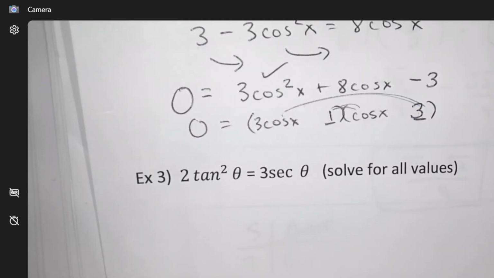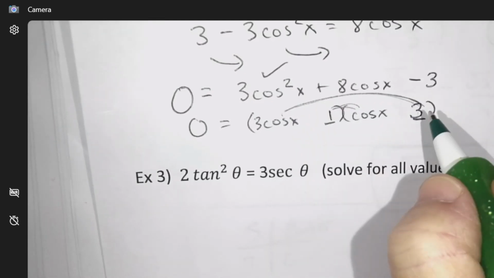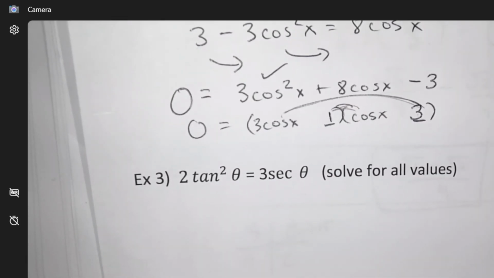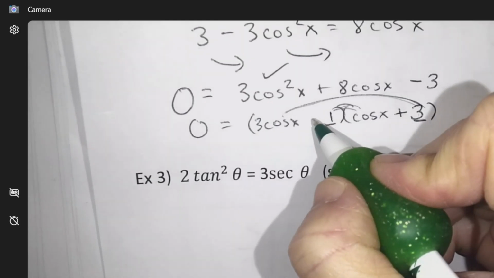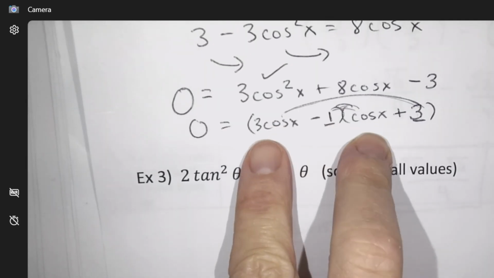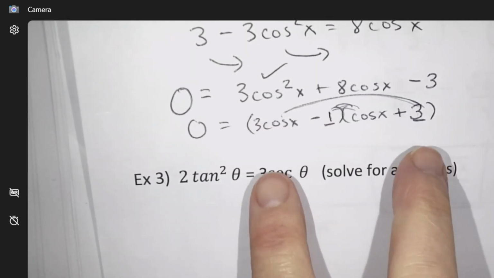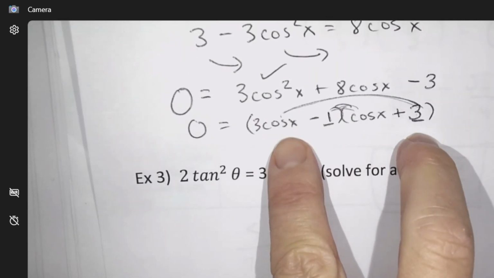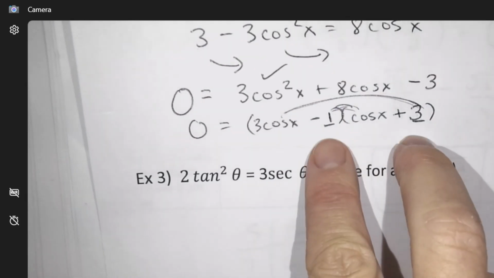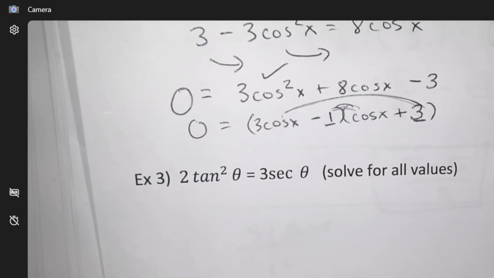So I did it this way because I saw that this loop could make a 9 and a 1. I could see that ahead. So plus 9, minus 1. So just check, does your FOIL work? First times first, good. Outside, 9 cos minus 1 cos is 8, check. Last, check. Okay?